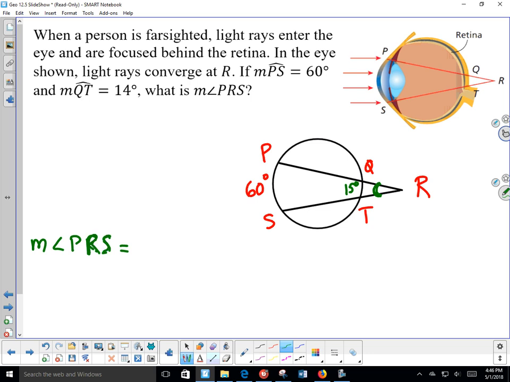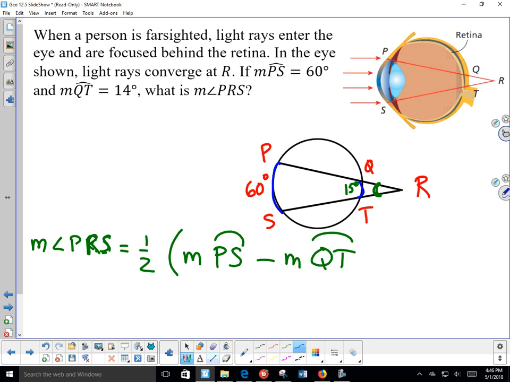is equal to 1/2 of the difference between these two arcs. So 1/2 the measure of arc PS minus the measure of arc QT, because those two arcs are the intercepted arcs that are formed by the two secants.